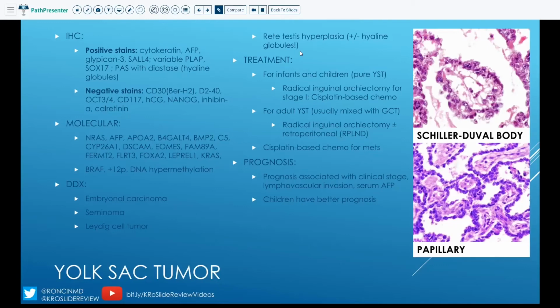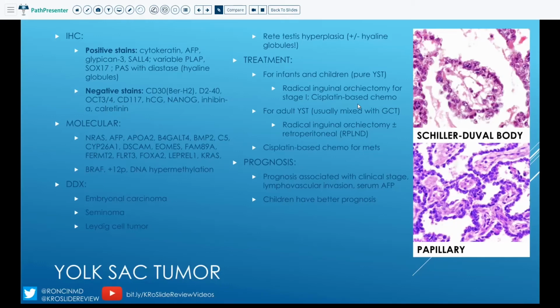Treatment varies between adults and children. For children, if it's stage 1, they can get away with doing a radical inguinal orchiectomy and being done. Cisplatin-based chemo is typically done for either high stage recurrence or metastasis in children. For adults, they're going to do a radical inguinal orchiectomy with or without the retroperitoneal lymph node dissection.